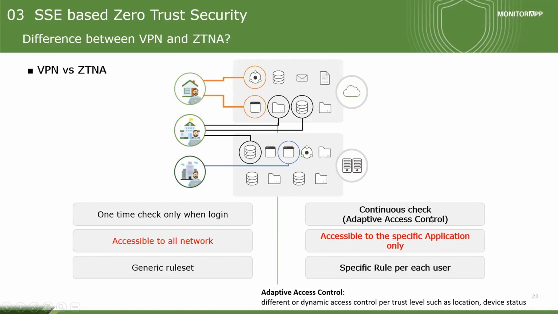So even after passing authentication, the GTNA solution checks the integrity of the device. If the GTNA solution finds a violation of the security policy, it can disconnect the connection immediately.